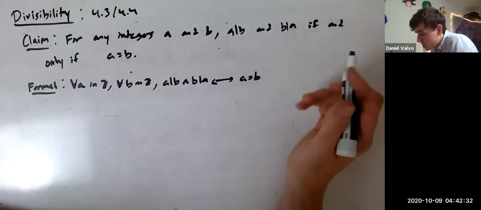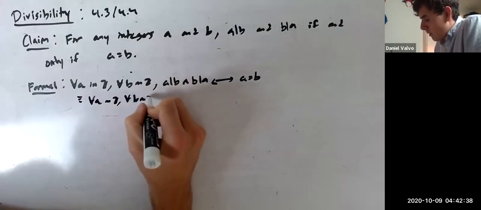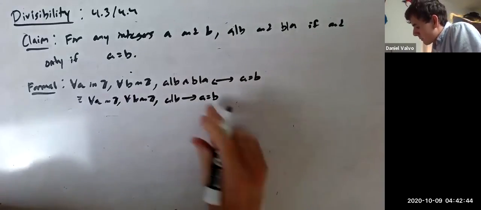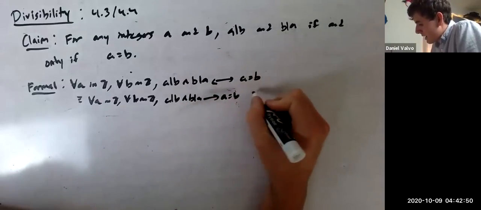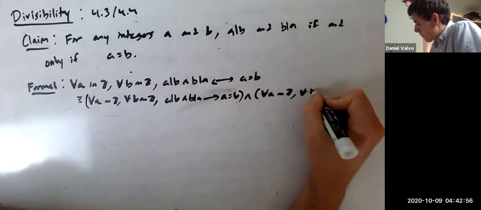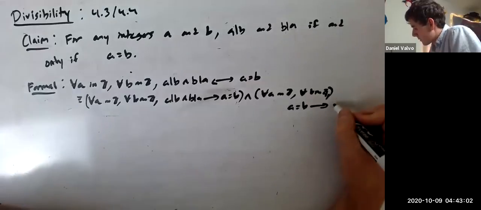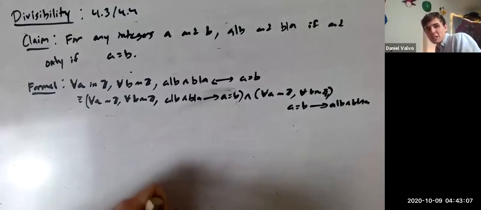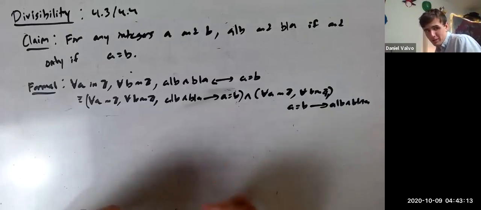For an if and only if to be true, this is equivalent to saying for all A in Z and for all B in Z, A divides B and B divides A implies A equals B, and then the other way: for all A in Z, for all B in Z, A equals B implies A divides B and B divides A. So it's an and statement, right? To disprove it, you just need to prove that one of them's false. Even though this one's true, this one's false. So that's enough.